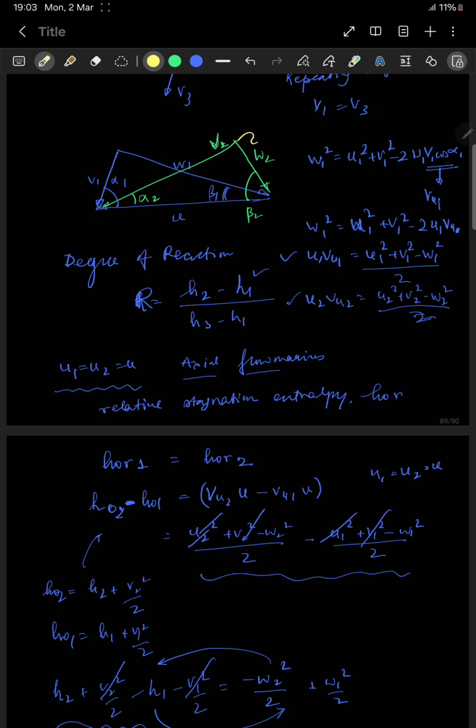From this velocity triangle we have this as Wu2 and this one as Wu1, and this is Vx. So yes, Vx and Vx are the same.